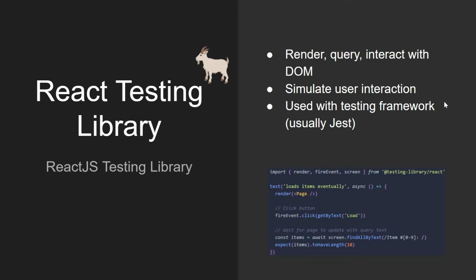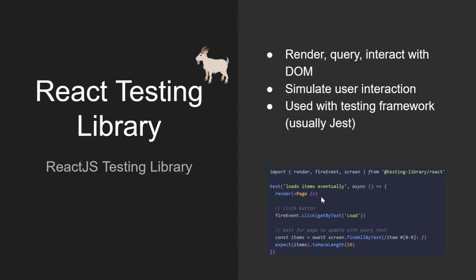But let's go to React Testing Library here. This one allows you to actually render. It's more suited for React. It allows you to render, query, and interact with the DOM, which allows you to simulate user interaction pretty effectively. It needs to be used with a testing framework because it's not a framework, it's just a library, but it's usually used with Jest. So this is a simple example.